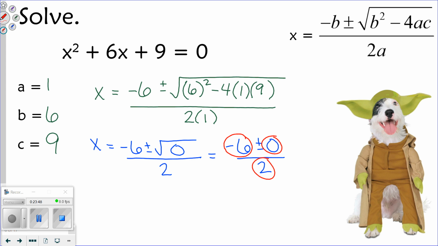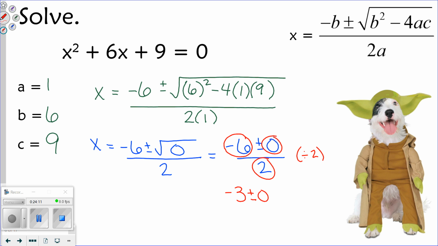They can all be divided by 2. So if I divide them all by 2, negative 6 divided by 2 is negative 3. 0 divided by 2 is still 0. 2 divided by 2 is 1. Do I have to write divide by 1? No, that's what I don't have to write.